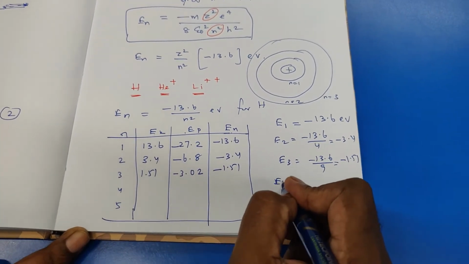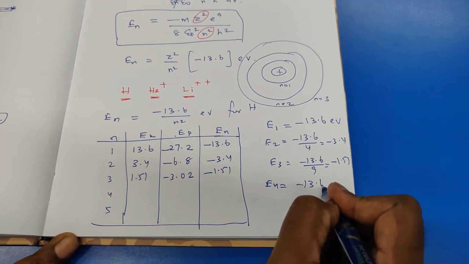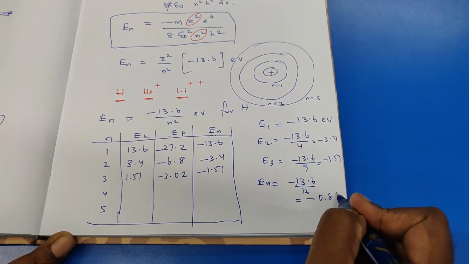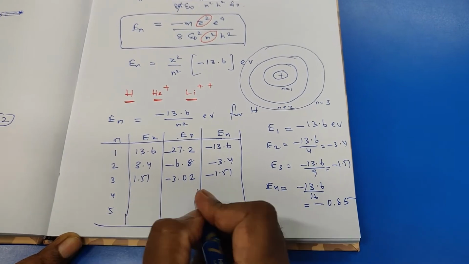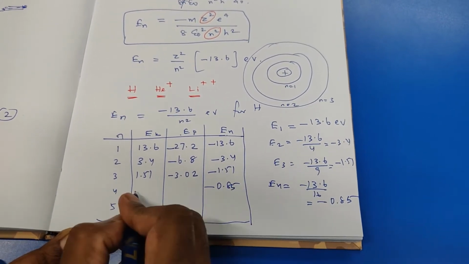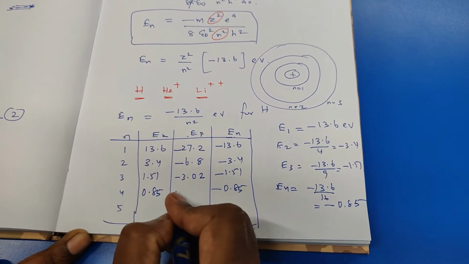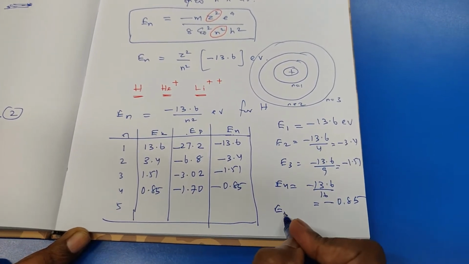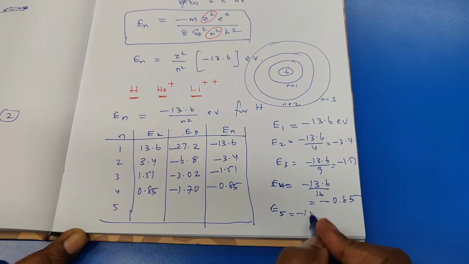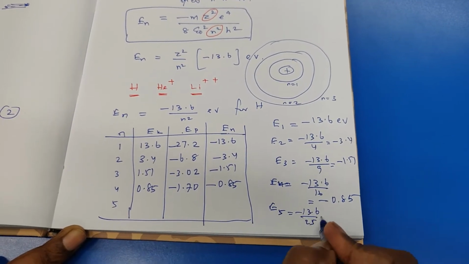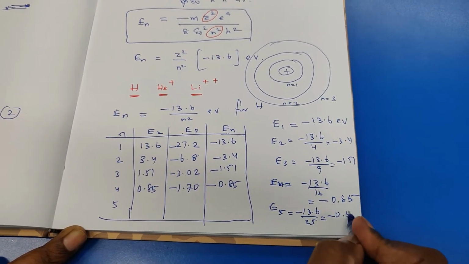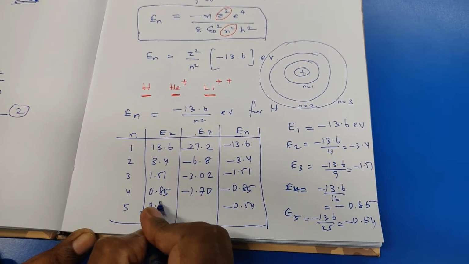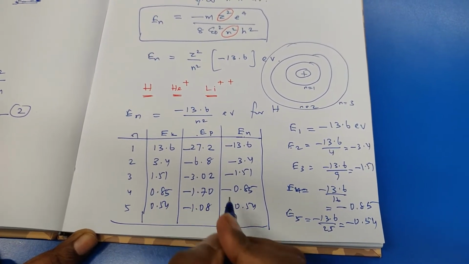And you are going to the fourth level, minus 13.6 by 16. If you divide by 16, minus 0.85 electron volt. This is minus 0.85. This is plus 0.85. This is minus 1.70. And finally, let us come to the fifth level. Fifth level, minus 13.6 by 25, this will be minus 0.54. So this is minus 0.54, this is plus 0.54, this is minus 1.08.